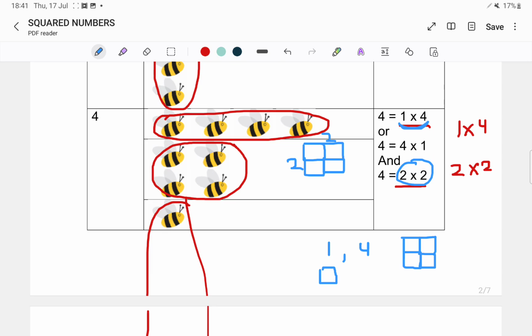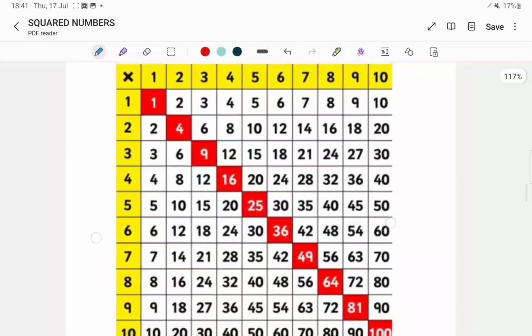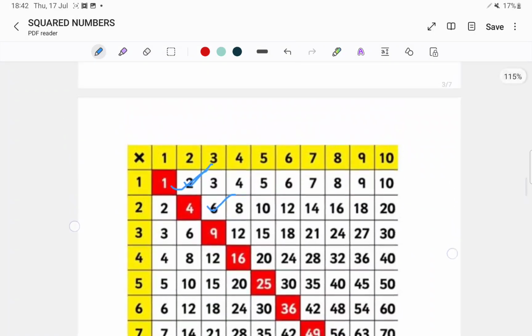Now if we go back to our actual chart, we have these two numbers here also, 1 and 4. These two numbers are called here squared numbers. Why squared numbers?